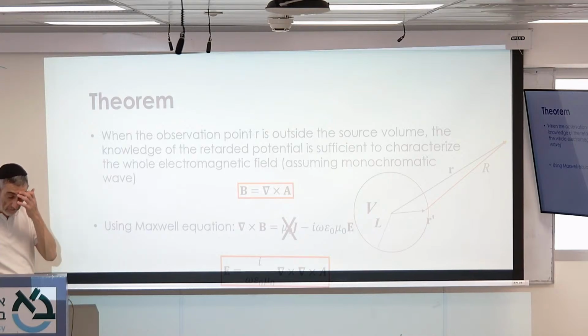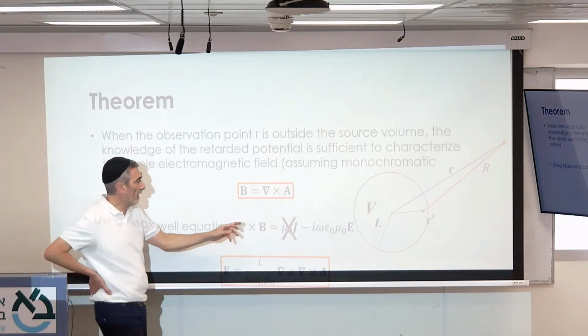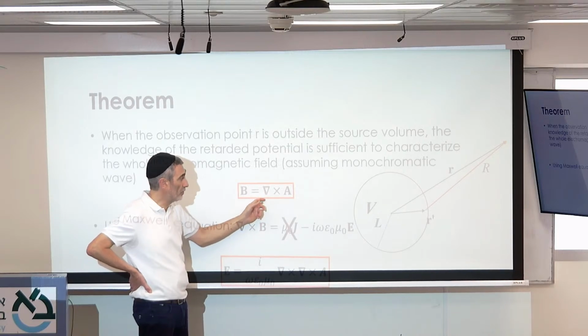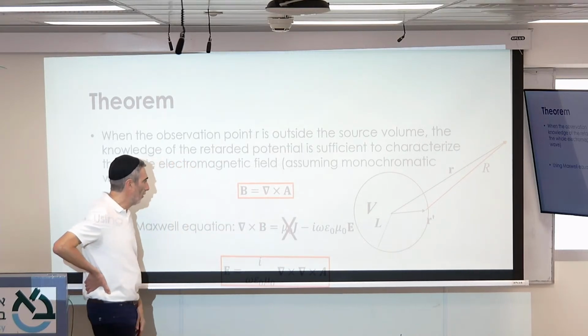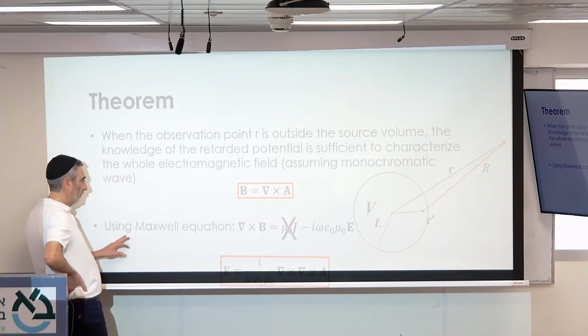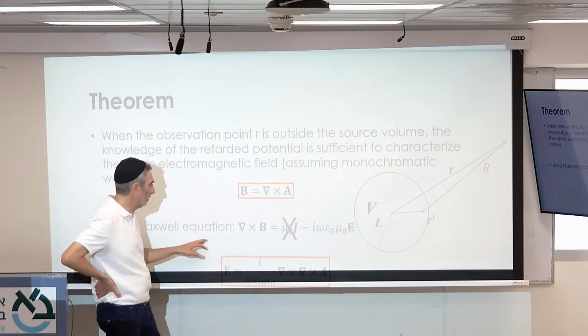Let's see if it's true. If we know A, we know B from this simple relation, by definition of A. What about E? You use the last Maxwell equation.